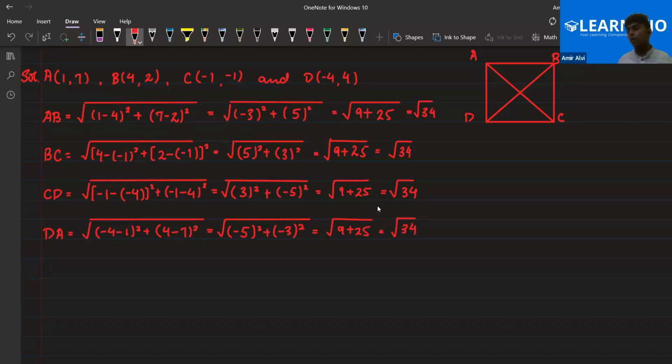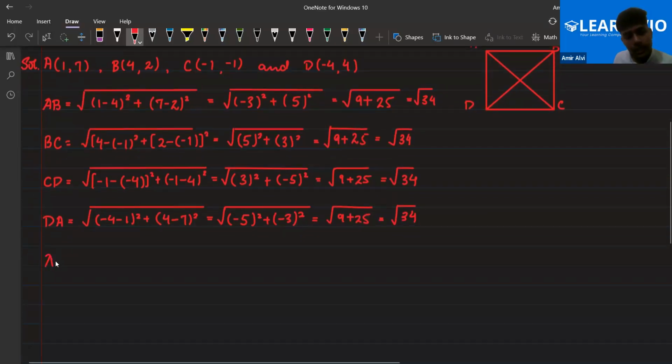So as you can see, Gianna, all the sides are equal, but still we haven't proved this as a square because a rhombus is also a shape in which all the sides are equal. But the square property is that diagonals are also equal to each other. It means that we have to calculate the value of AC and BD. They should be equal to each other. Okay.